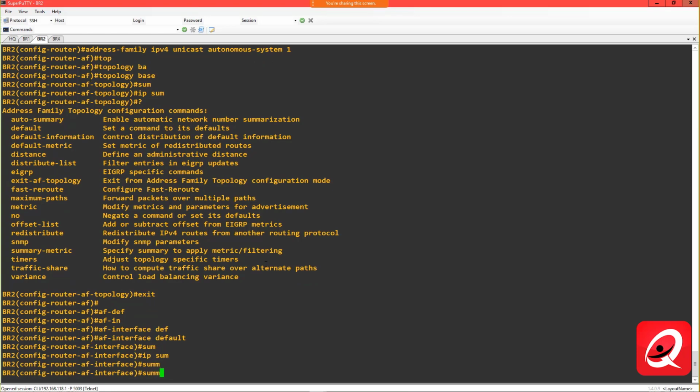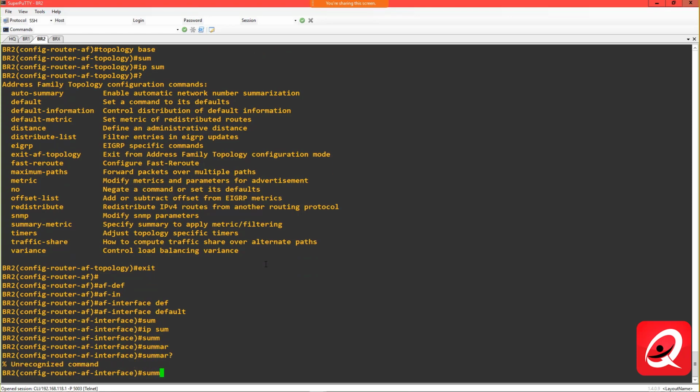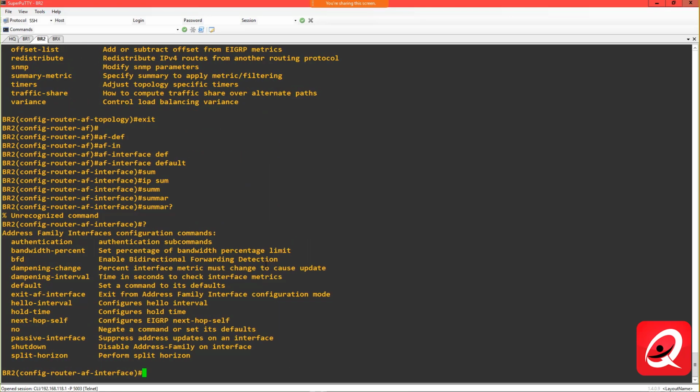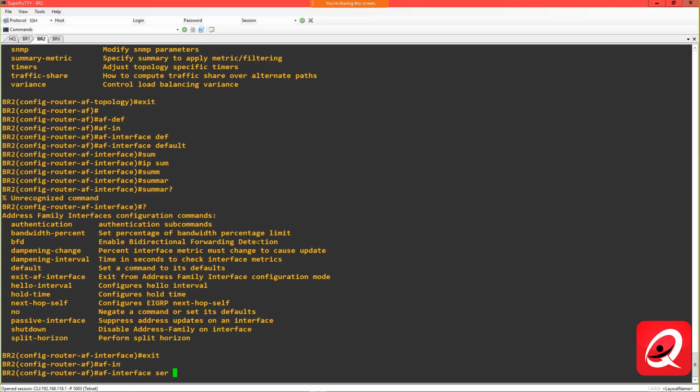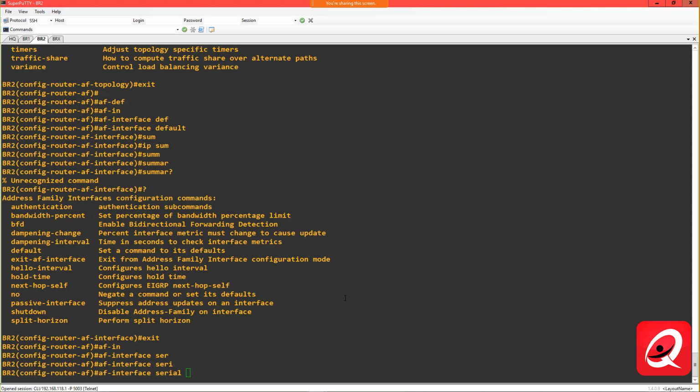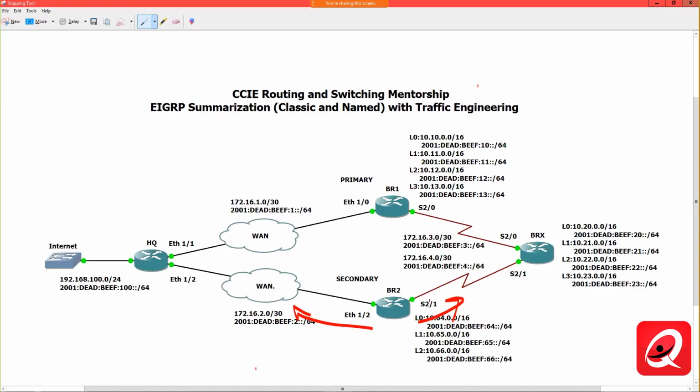Should be summary address. Why is it not there? I wonder if it's not going to allow me to do it. Interesting. Let's go into AF interface serial. In this case, we'll go over to 2.1.